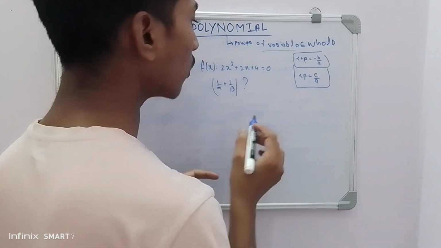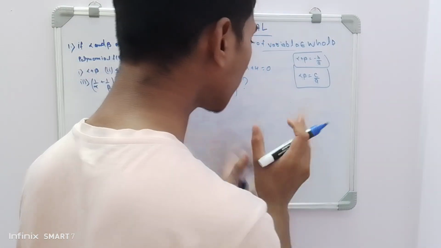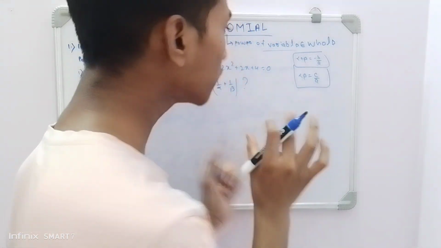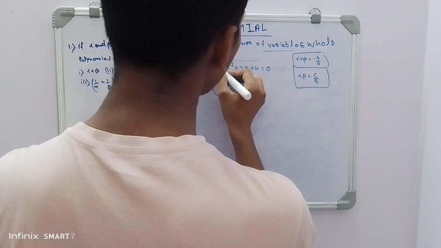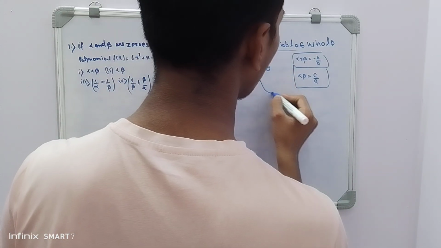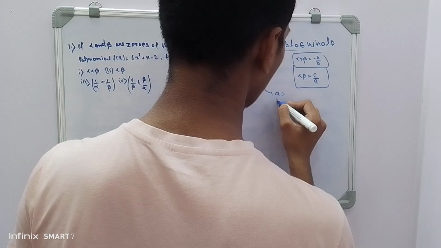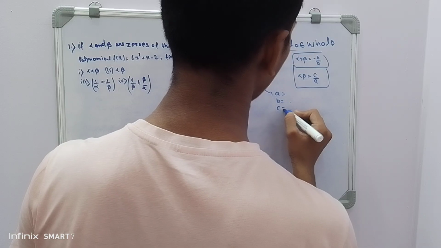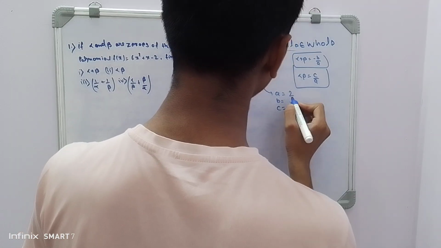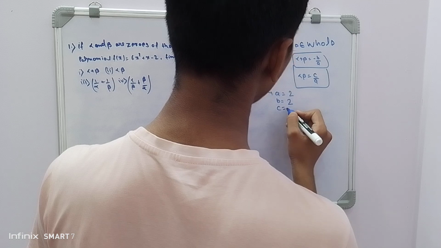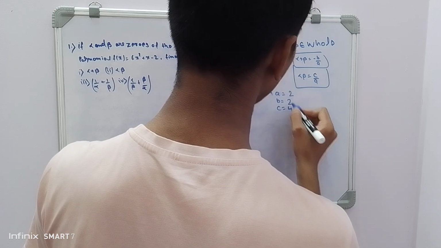So now if you face any problem of a polynomial, you just have to write the values of a, b and c. So the value of a is going to be 2, the value of b is going to be 2, and the value of c is going to be 4.